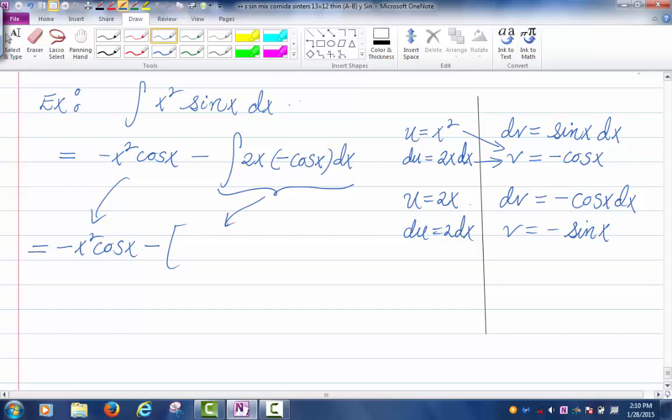This would be uv, so I multiply uv like this, which would be negative 2x sine x, because I have a negative in front of sine, and then minus the integral of v du. V du is basically negative 2 sine x, right? Let's see if you agree with that. Is everybody okay with what I wrote? You guys agree with me so far?